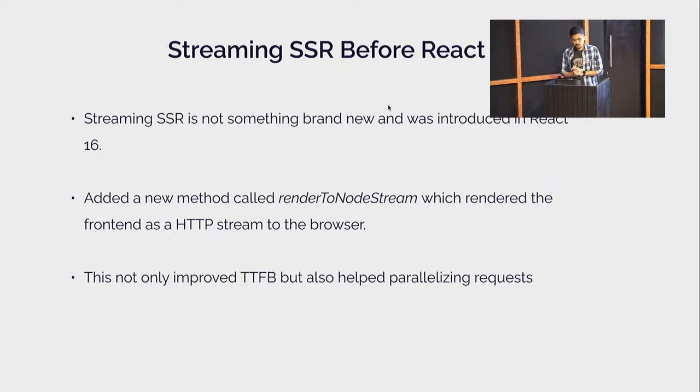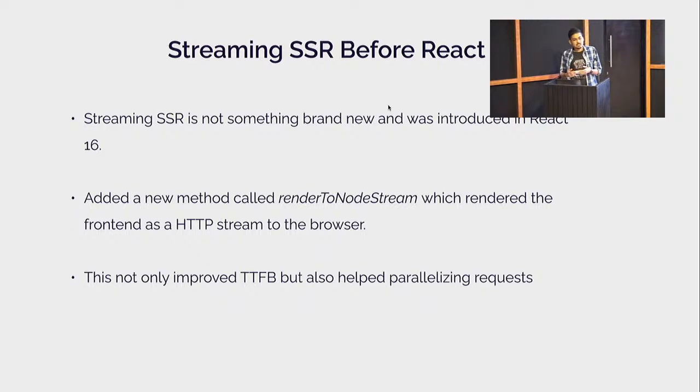What it allows you to do is, we saw there's a render to string method in server side rendering. It added a new method called render to node stream. What it does is render your app as an HTTP stream to the browser. So the browser can start receiving the HTML in chunks while the page is rendering. So it slightly helped improve time to first byte while still giving you the benefits of SSR.